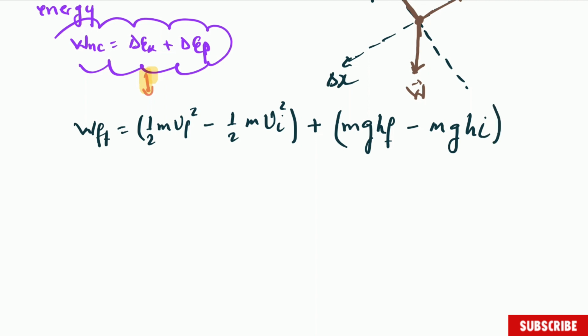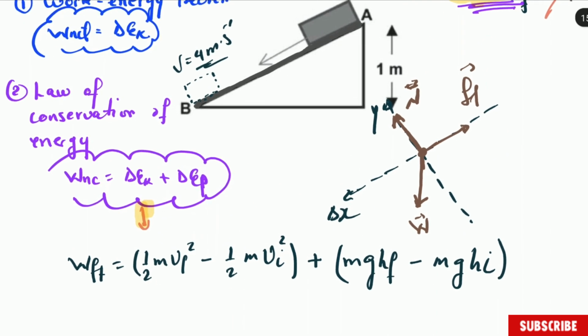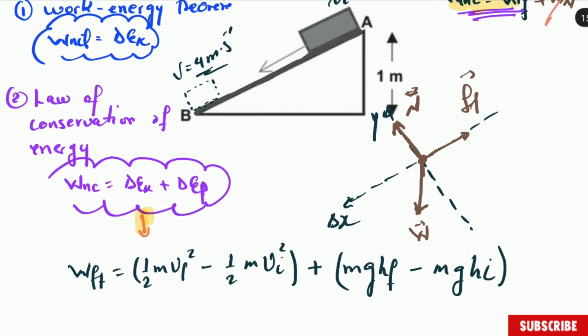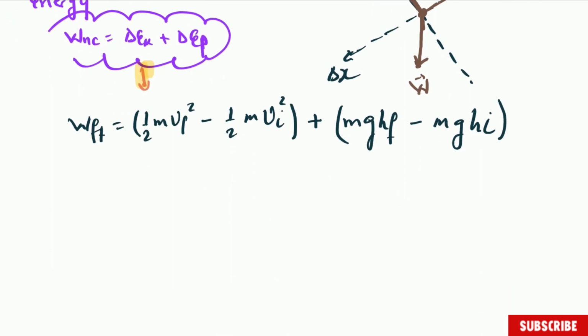Now we have enough data to substitute for every single thing here, so we don't have to struggle looking for anything. Everything is given to us. So the work done by friction, and then we are going to substitute everything because we actually have everything.